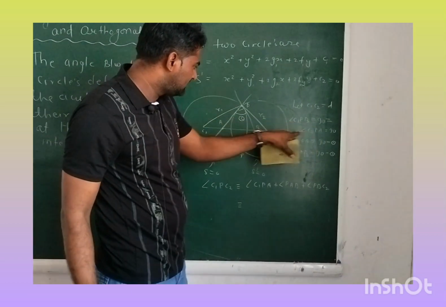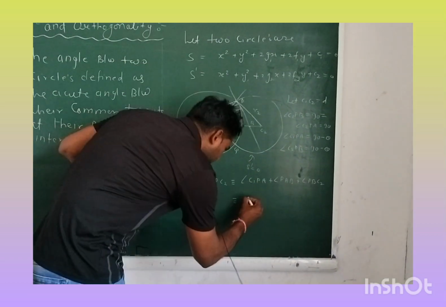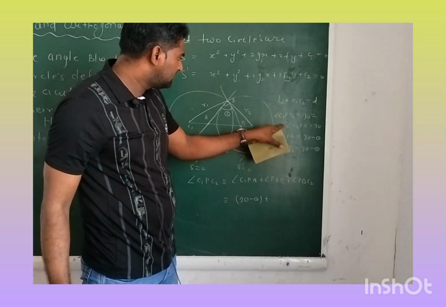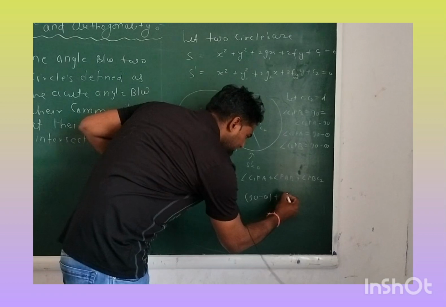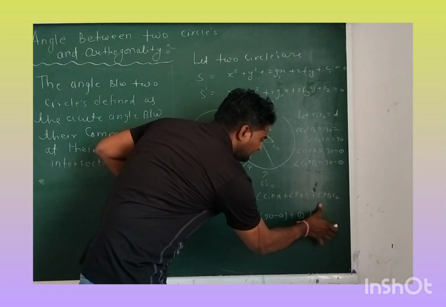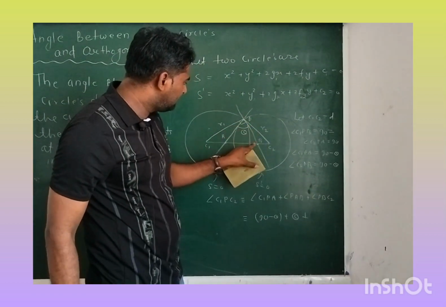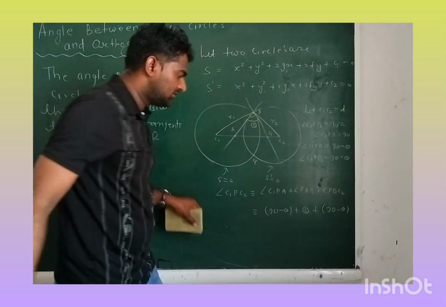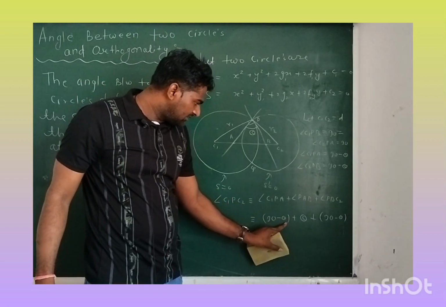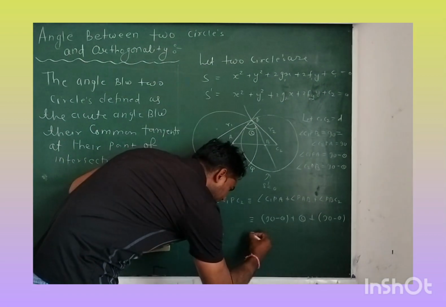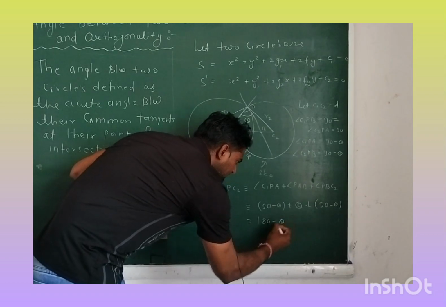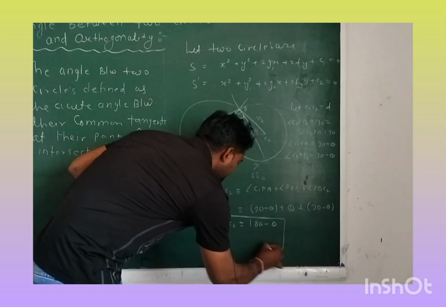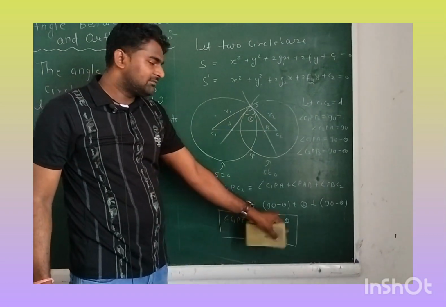C1PA is equal to 90 minus theta plus PAB. What is PAB? PAB is theta, plus angle PBC2. PBC2 is 90 minus theta. So here 90 plus 90 is 180. Theta and theta cancel out. So what do you get here? 180 minus theta. So this is how much? C1PC2. So we get here angle C1PC2 is 180 minus theta.